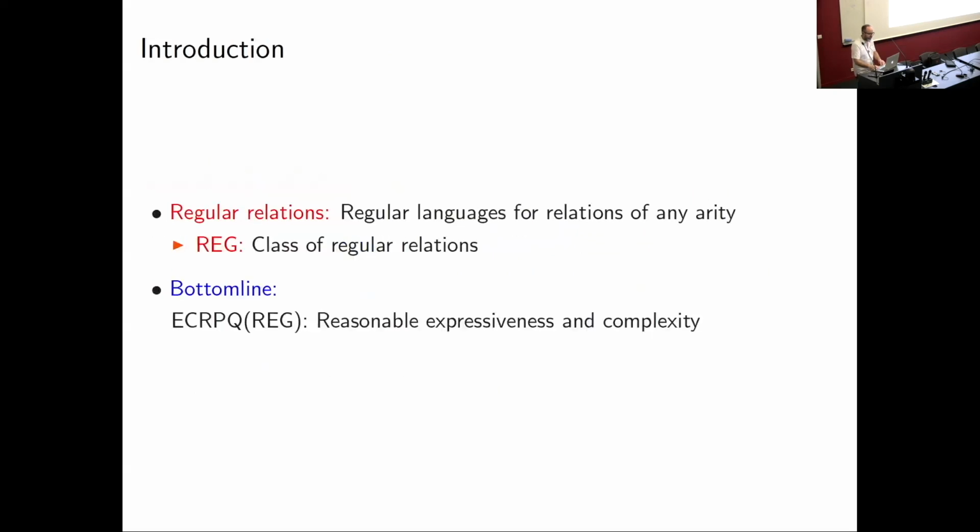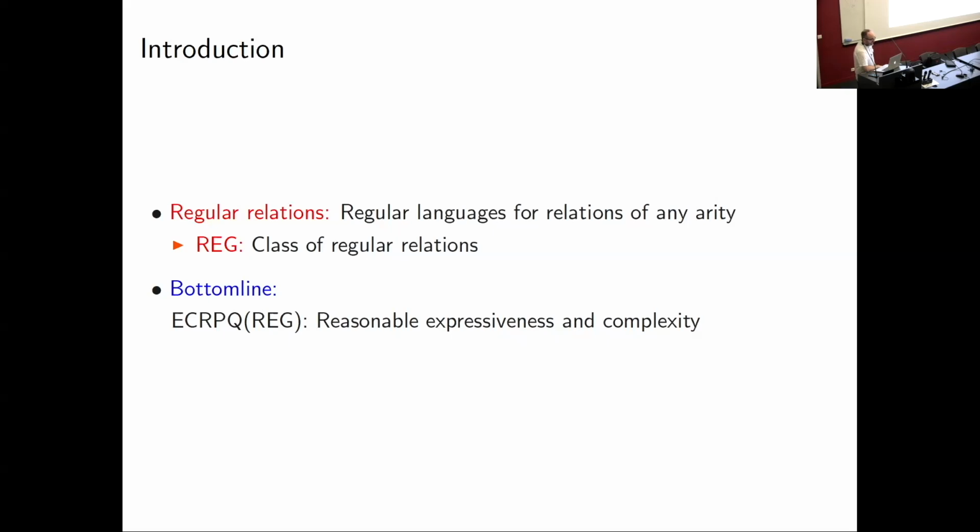Before the example, I'll try to explain how to express comparisons among paths using extensions of the class of regular languages: regular relations. What are regular relations? They are regular languages for relations of any arity.